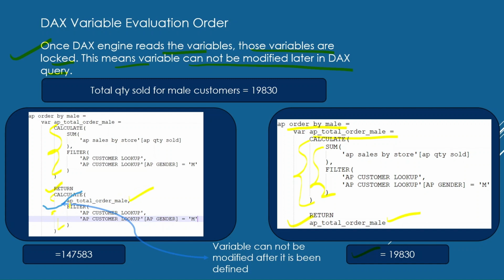Here it is trying to modify it with the help of a CALCULATE function. This variable cannot be modified, it has already been defined and given an expression. So the defined variable will not be modified later in the same DAX query. It can only be referenced. So the value provided by this measure is not the correct output.